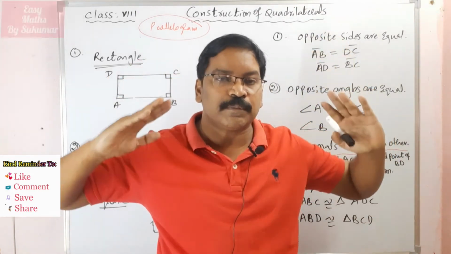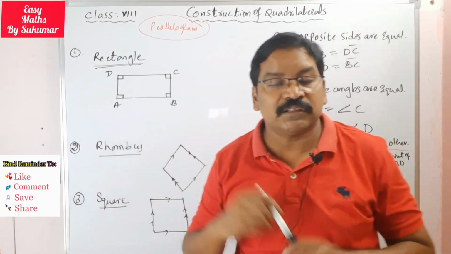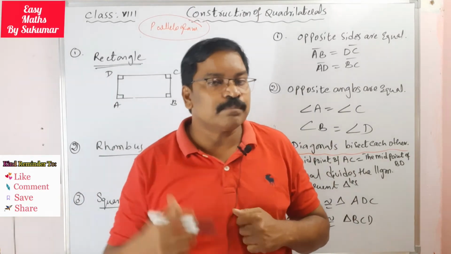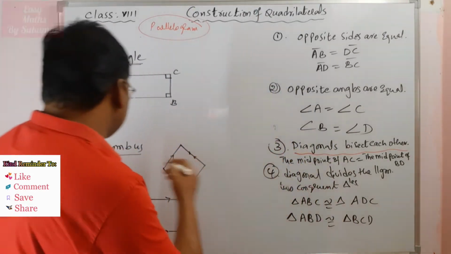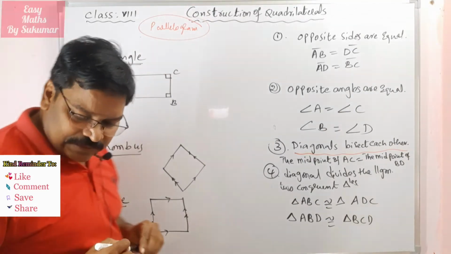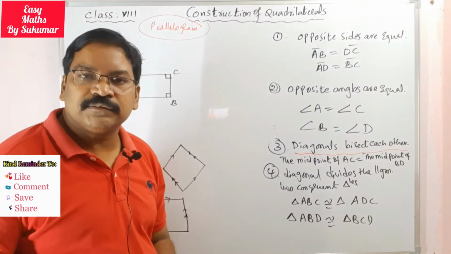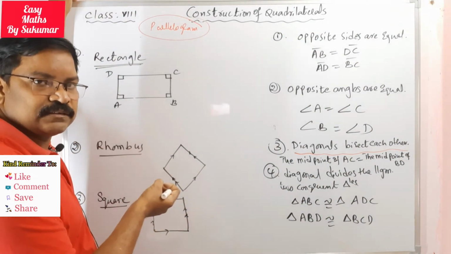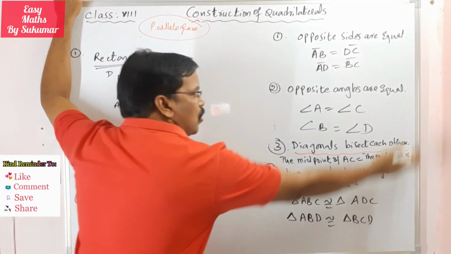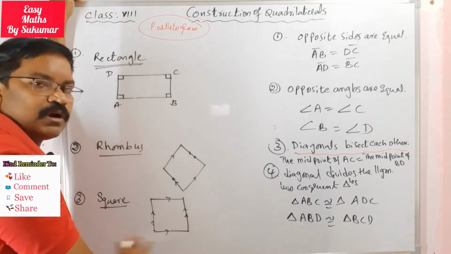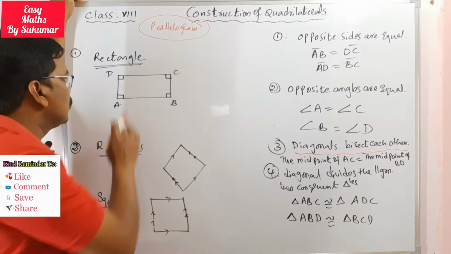The other pair is not parallel to each other. Okay. See, my dear students, coming to the rectangle, there is a special property for the rectangle. See, for your information, all these four properties are applicable for these three quadrilaterals also.